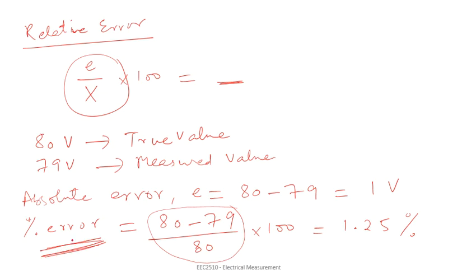Sometimes it is written that the instrument is 1% accurate, which means the instrument has 1% error. Here we calculated the percentage error to be 1.25% in this example, so we can also say that this instrument is 1.25% accurate. This is the common word generally used for the error. Okay, so this point I just wanted to add.